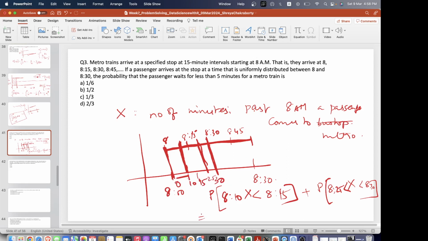So the required probability would be the integral from 10 to 15 of 1 by 30 dx plus the integral from 25 to 30 of 1 by 30 dx. So this would be 5 by 30 plus 5 by 30, that is 10 by 30, which is equal to 1 by 3.